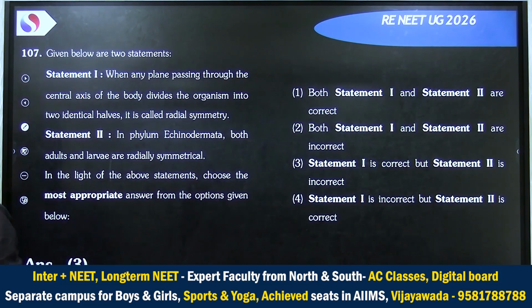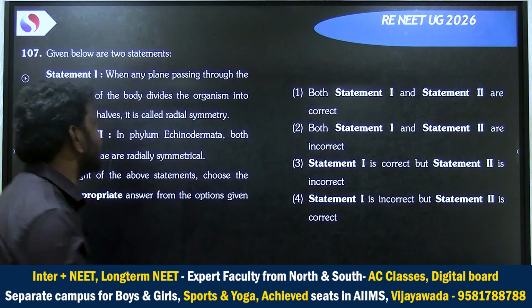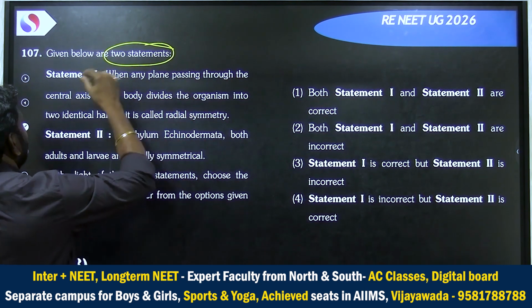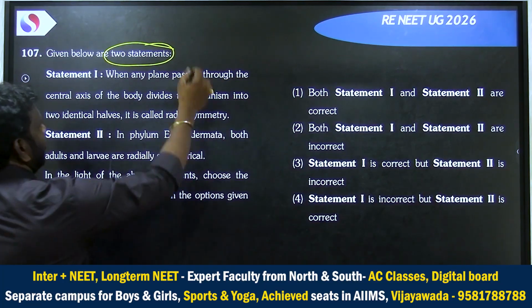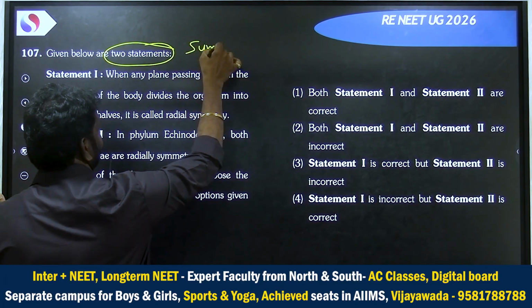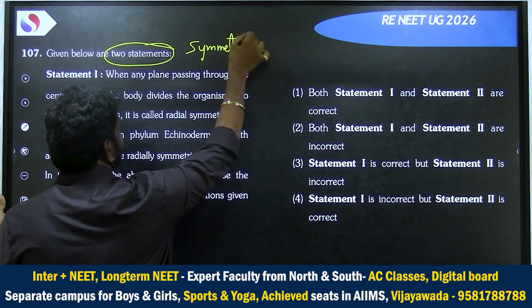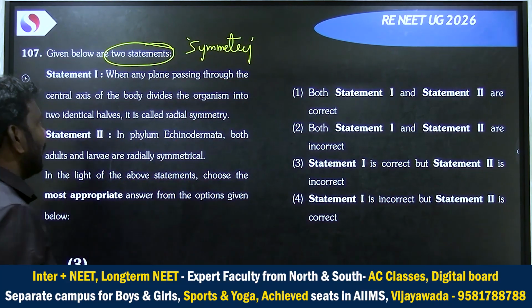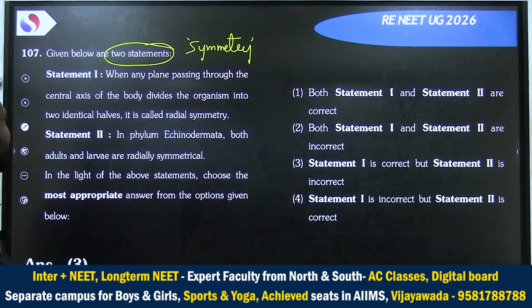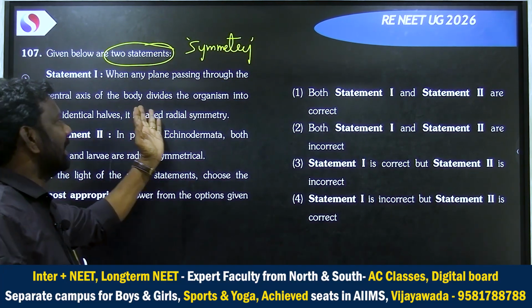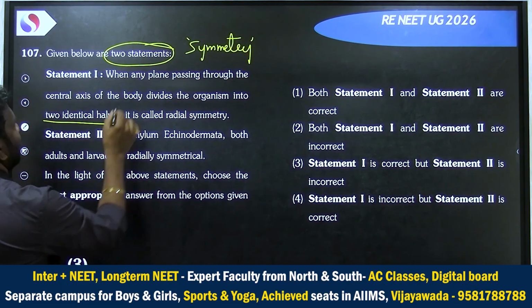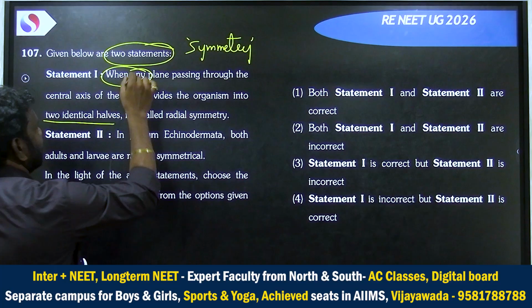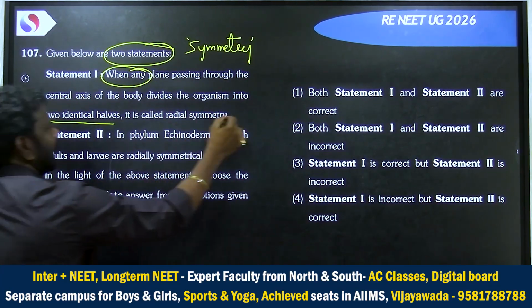So next question is 107. Given below are two statements. Statement 1: any plane passing through the central axis of the body divides the organism into two identical halves, related to symmetry. That is called radial symmetry.